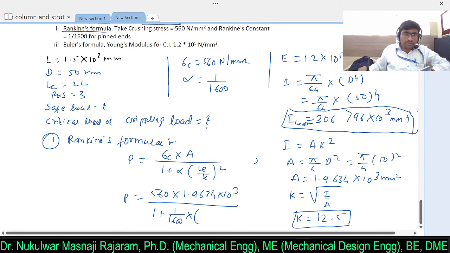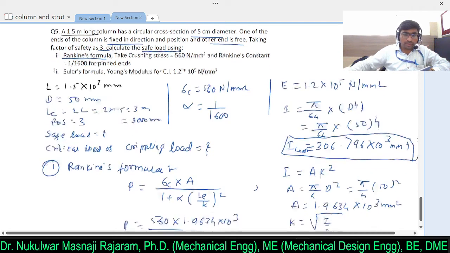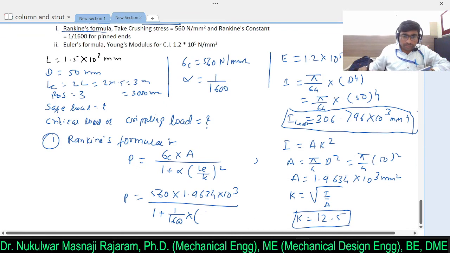It is given 3000, am I right? 1.5 and LE. So here I will evaluate 2 into 1.5 equals 3 meter. So that will be equal to 3000 mm. Clear? So here I will consider 3000 divided by K, which we evaluated just now, 12.5, whole square.